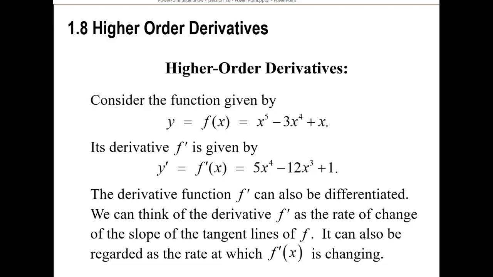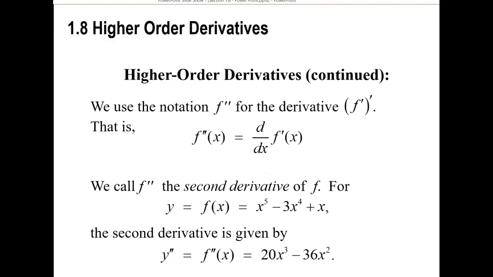So a higher order derivative is how fast the slope is changing, or how fast the derivative is changing. We use this double prime notation for the derivative of f prime. So f double prime, or the second derivative, means take the derivative with respect to x of the first derivative. We'll call f double prime the second derivative of f.